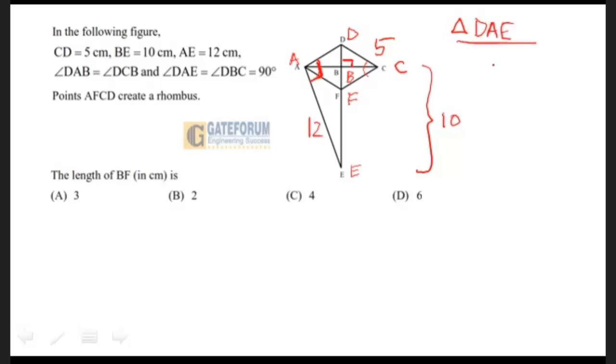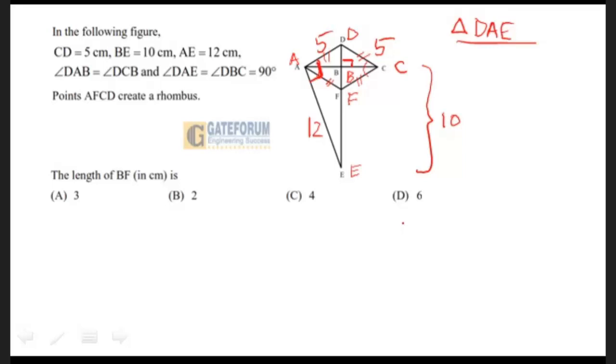In triangle DAE, this is a right angle triangle because angle DAE is 90 degrees. We know that AE is 12, and we also know that DC is equal to 5, and in a rhombus all the lengths are equal, so this is also equal to 5.